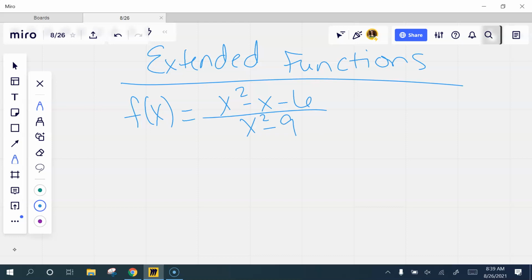And I want you to tell me, what is the domain without graphing, algebraically? What is the domain of f of x? Infinity to negative 3, pick up negative 3 to 3, right?